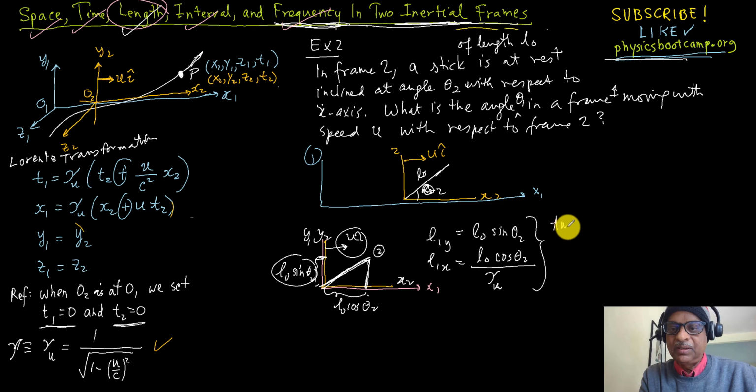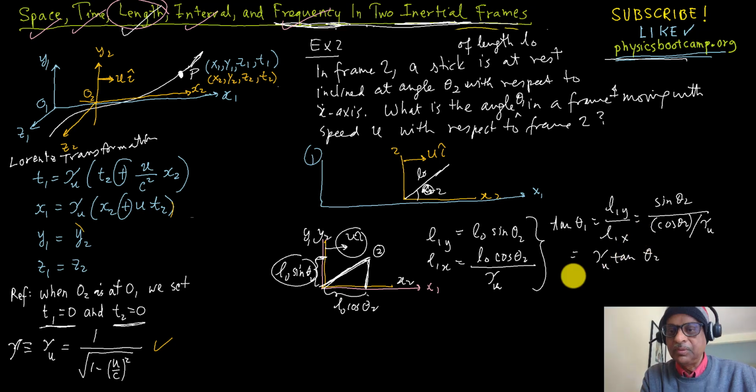So tangent theta 1 will be L1y over L1x, and that's just sine theta 2 over cosine theta 2 over gamma, and so this will be gamma u tangent theta 2. So theta 1 will be the arctangent of gamma u tangent theta 2.